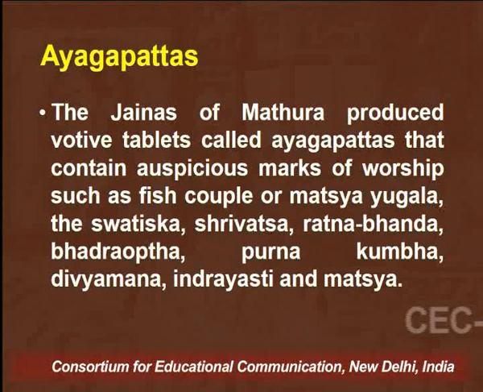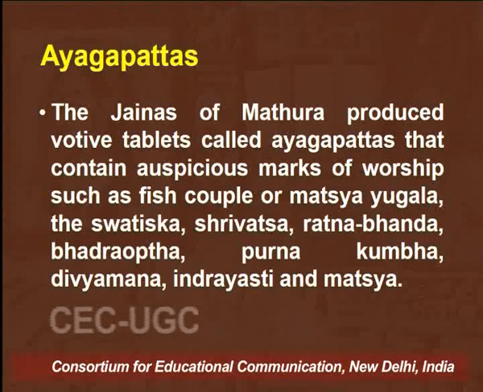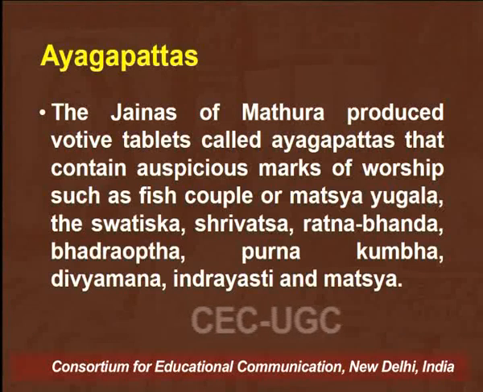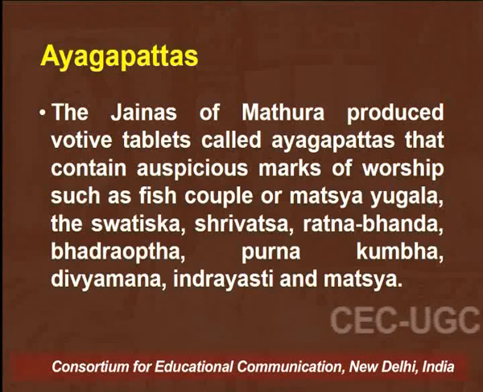For example, the fish couple or Matsya Yugal, then the swastik, Ratna Bhanda, and then also Purna Kumbha, Indrayasti and Matsya. All these were auspicious symbols that were made on these tablets and were probably worshipped.